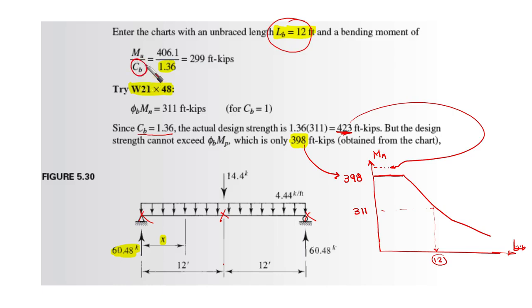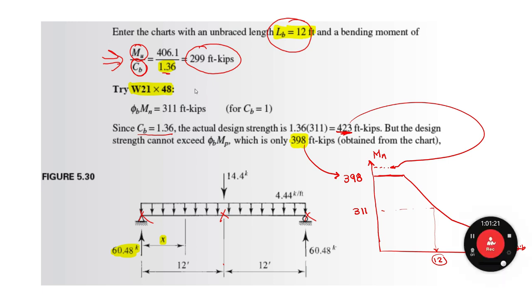That's what I was telling you, that you can get it from this part. So it is going to be 406.1 over 1.36, which gives you 299.